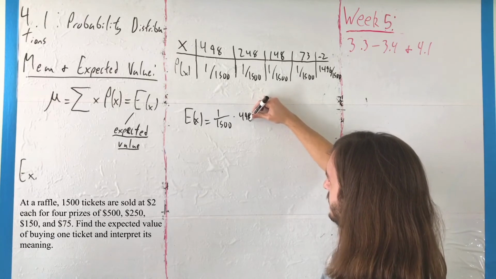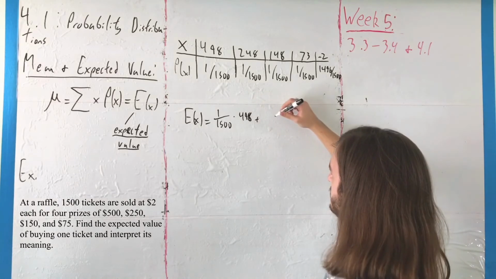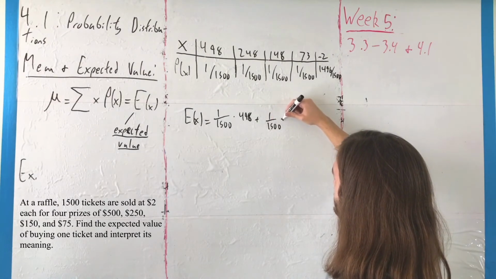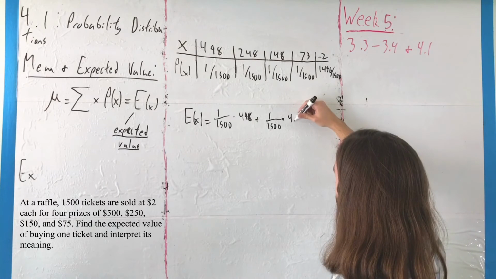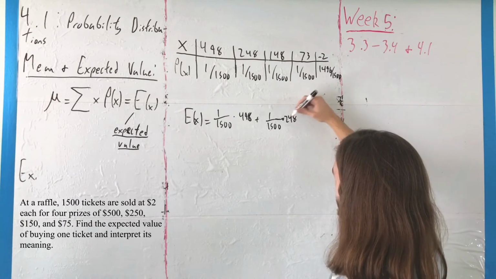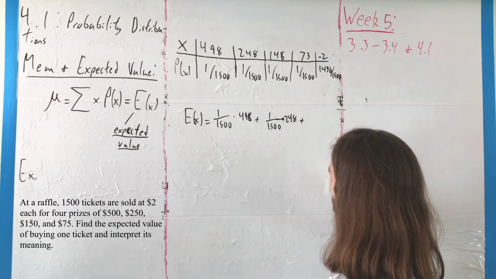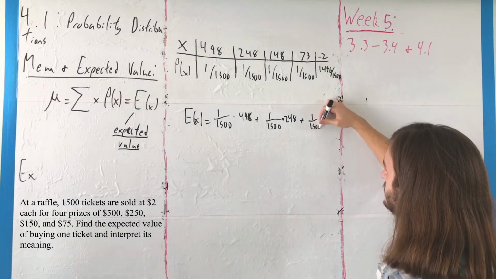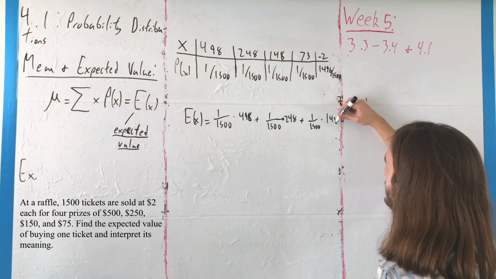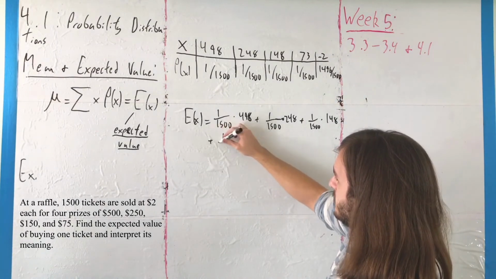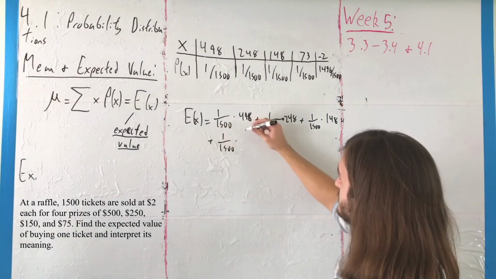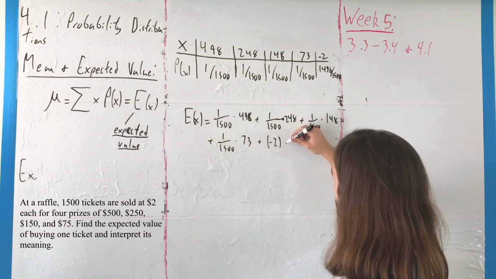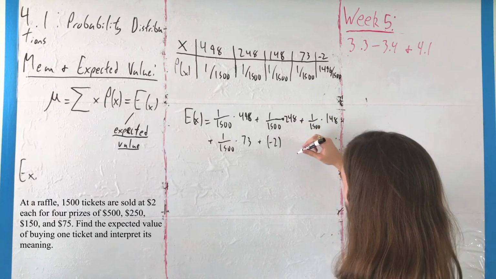I'm just going to write as $498 to save myself that half second of writing. Then 1 over 1,500 multiplied by 248. The hand is just trying to get ahead of itself at every turn. And then another 1 over 1,500 multiplied by 148. Plus a 1 over 1,500 multiplied by 73, and then finally plus a -2 times a value very, very close to 1.